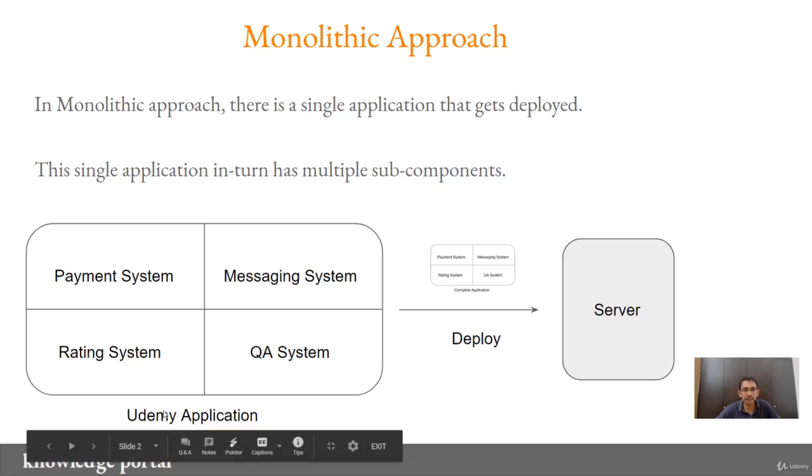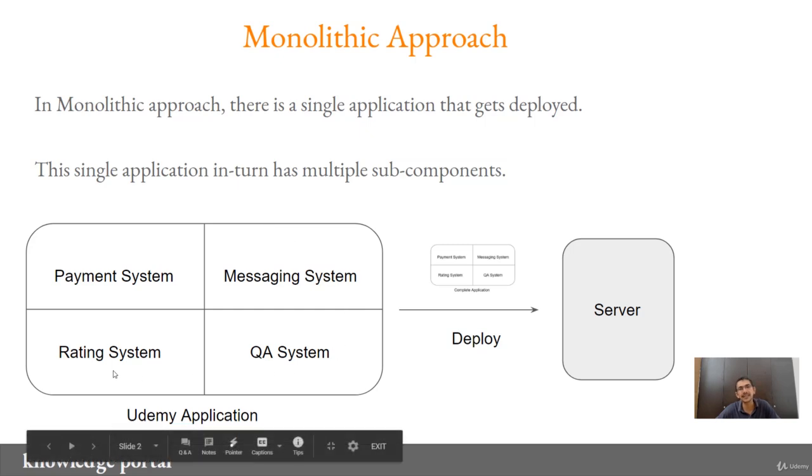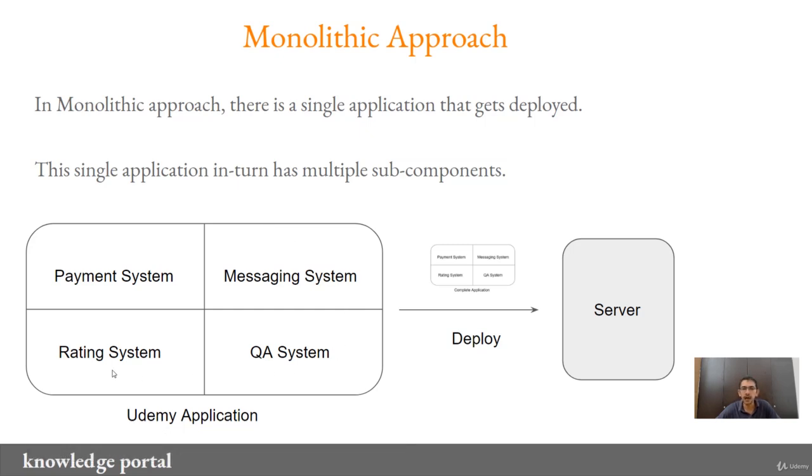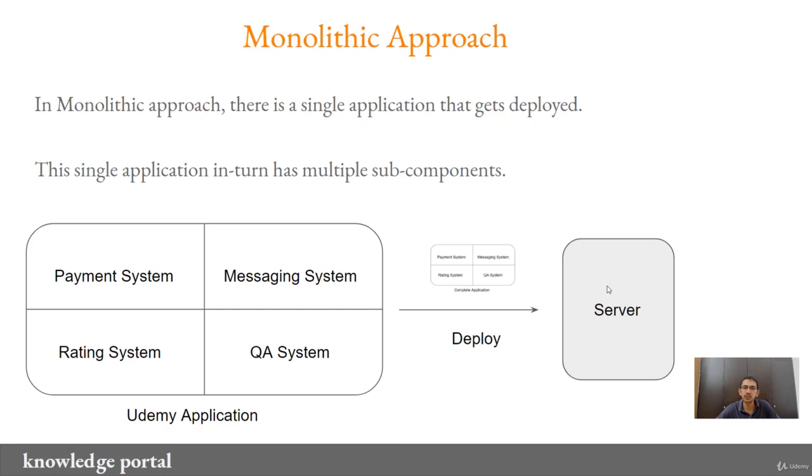So you have a single application, and within the single application you have various subsystems related to payment, ratings, messaging, and QA. However, all of them together form a single application. So if you want it to be up and running, then you deploy the complete application package to the server and users can log in to the server and start to use it.